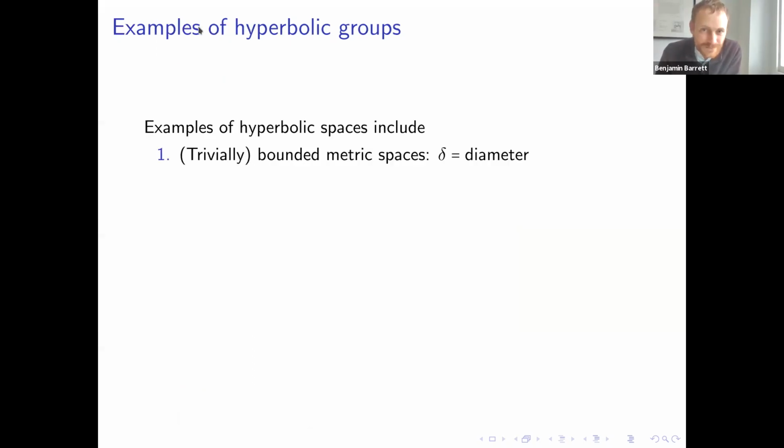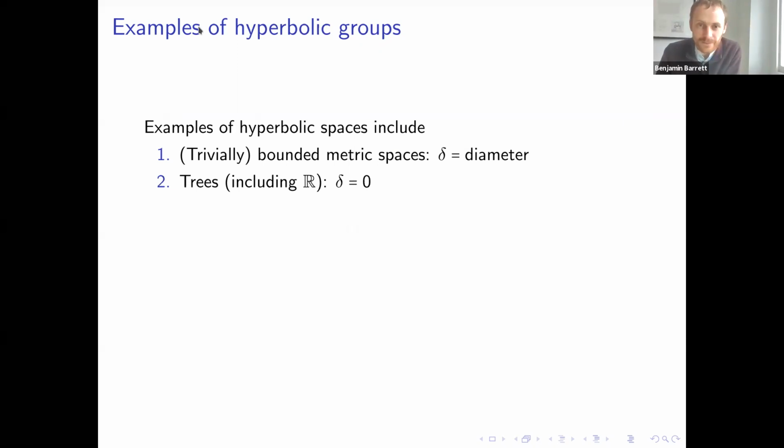Easy examples. So first of all, some examples of hyperbolic spaces. Bounded metric spaces are always hyperbolic, just because you can take delta to be the diameter of the space, and then trivially any triangle is delta slim. Trees, including the real line, which is sort of a tree, are all hyperbolic with delta equals 0.